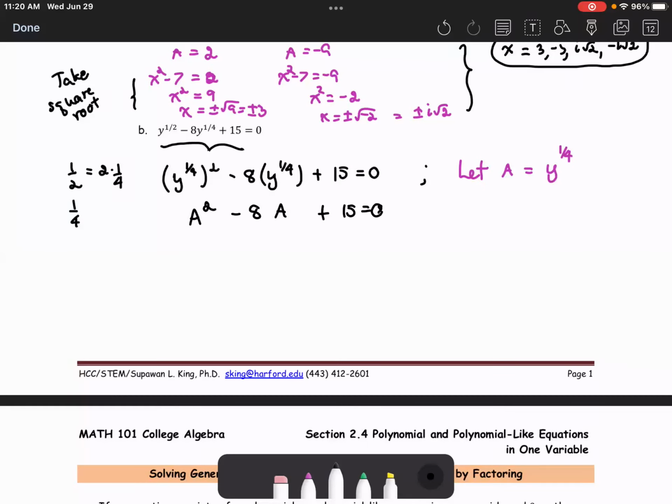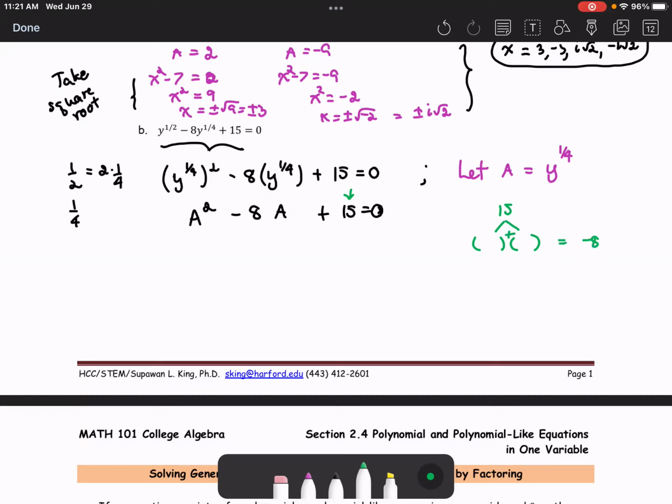At this step, we have a quadratic equation with the leading coefficient 1. Then we're going to factor by finding the pair of numbers whose product is 15, the value of C here, but whose sum is negative 8.